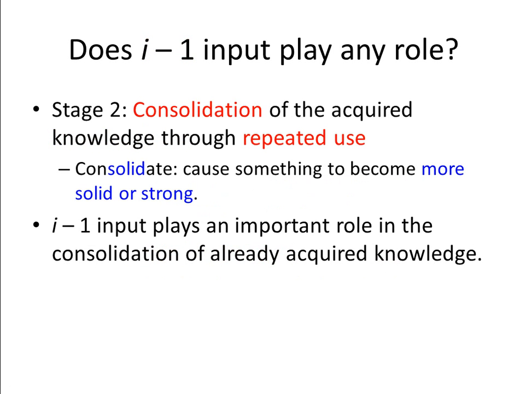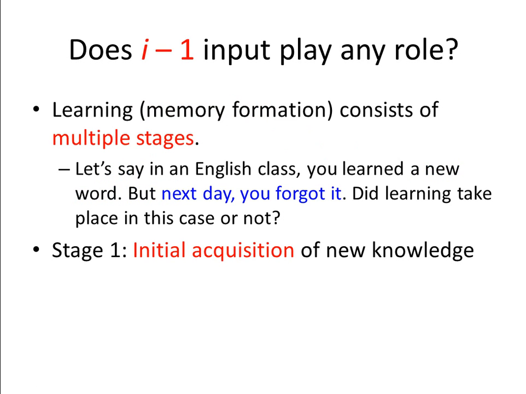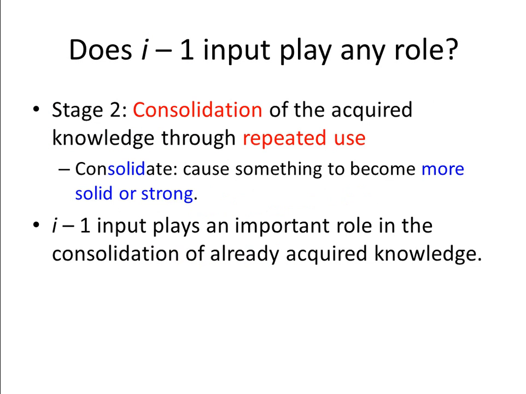And the second stage is consolidation of the acquired knowledge through repeated use or practice. To consolidate means to cause something to become more solid or strong. Consolidate. So memory formation has at least these two stages: initial acquisition of new knowledge and consolidation of the acquired knowledge.